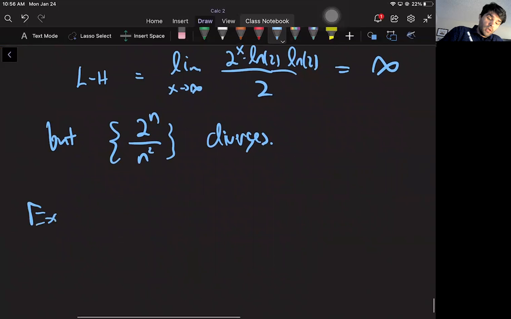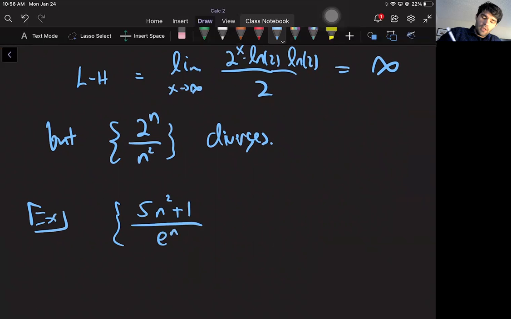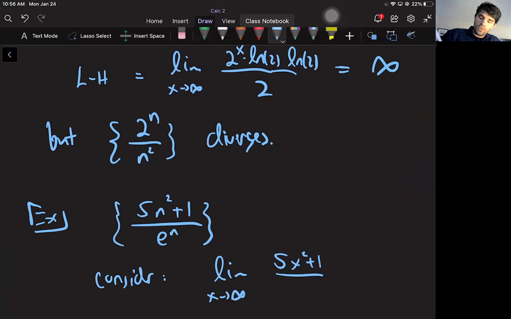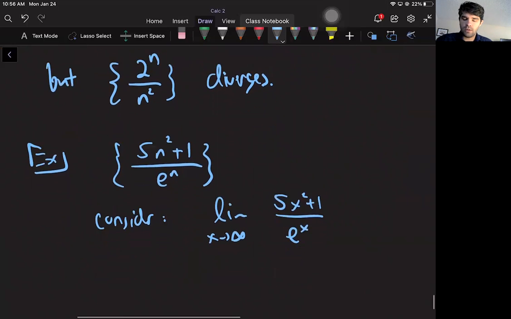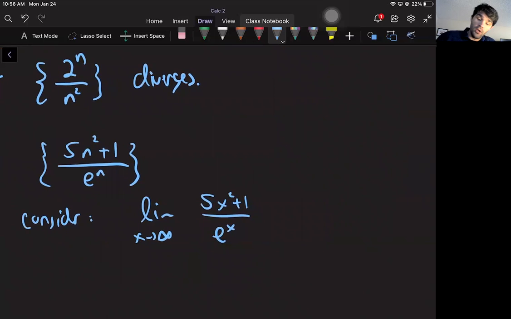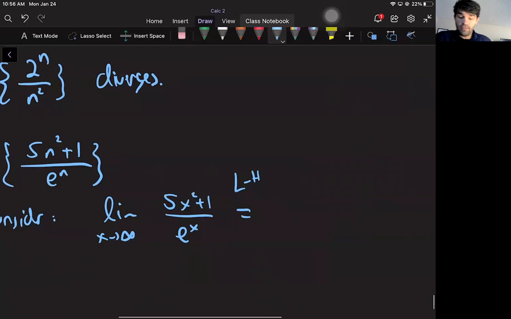So, other examples where you might need to use L'Hopital's rule. Well, if you see a fraction like this, you pretty much have to. So this will work very similarly. You consider the function instead of the sequence. If you do L'Hopital's rule, you're going to have to do it twice. But as you do these, you start to realize that powers of x grow much more slowly than exponentials.